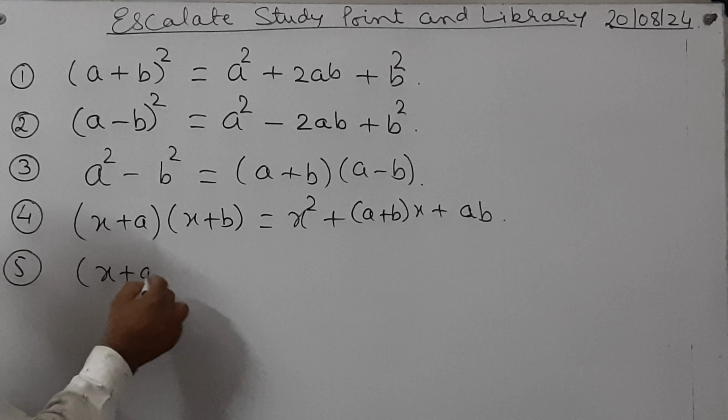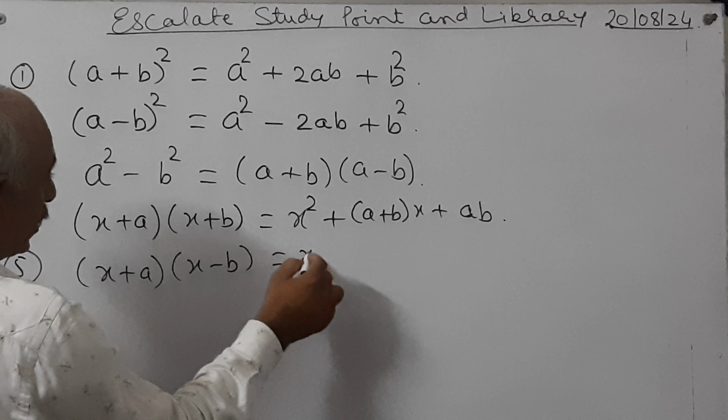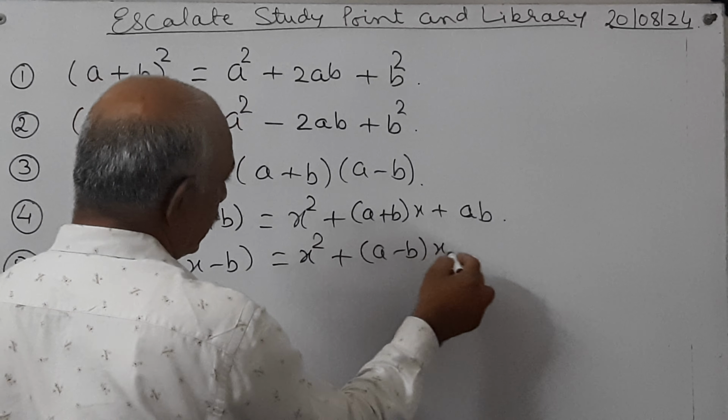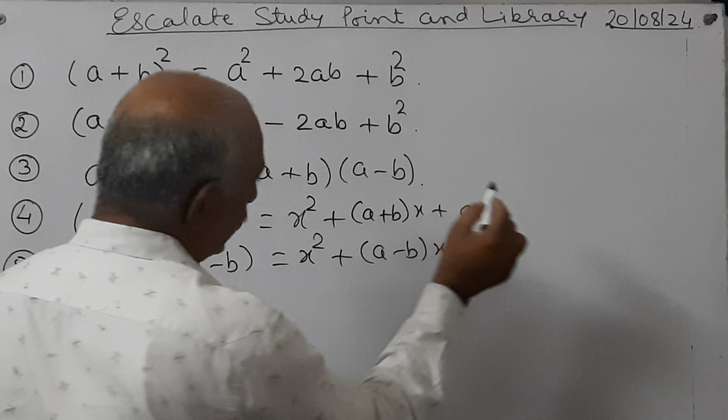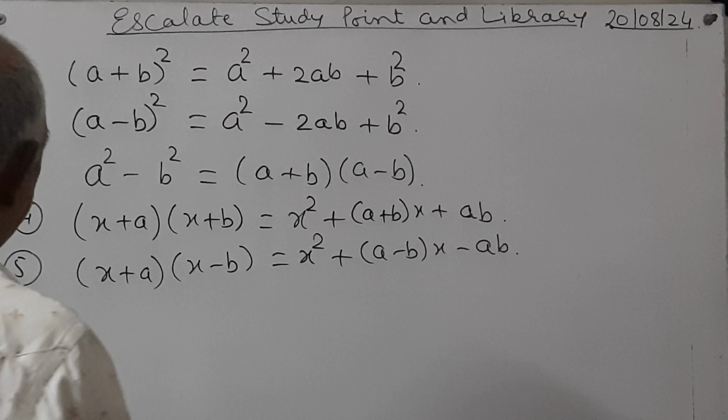Say (x plus a)(x minus b) is x square plus (a minus b)x minus ab. These five identities are connected with the square polynomial, degree 2 polynomial. Some are connected with factorization and some are connected with expansion of an expression.